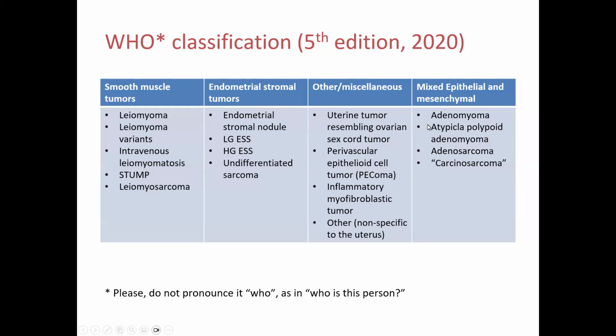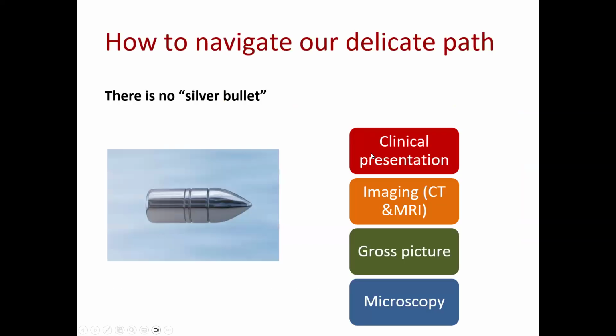And of course, there are the mixed epithelial mesenchymal tumors. I remind you that the malignant stroma that you see in adenosarcoma is nothing but a low-grade ESS with some entrapped benign glands in it. So basically, these are the same tumors.